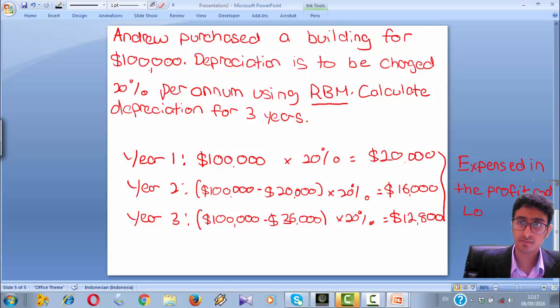Okay, now following this example, let me show you how we will treat it in the statement of financial position.